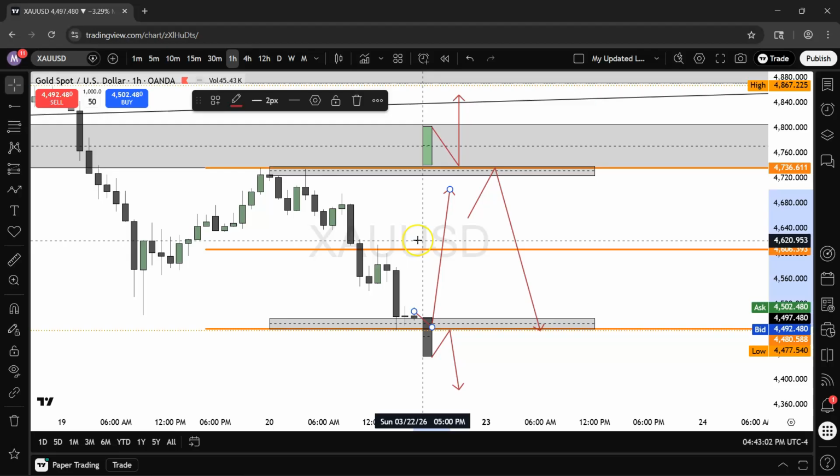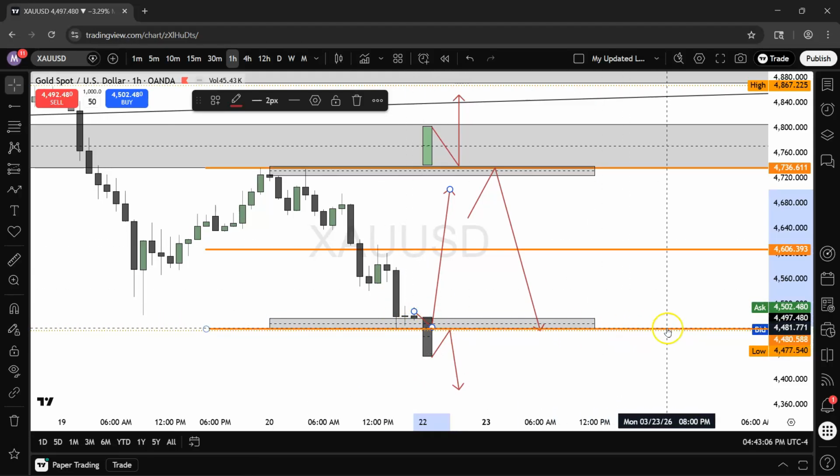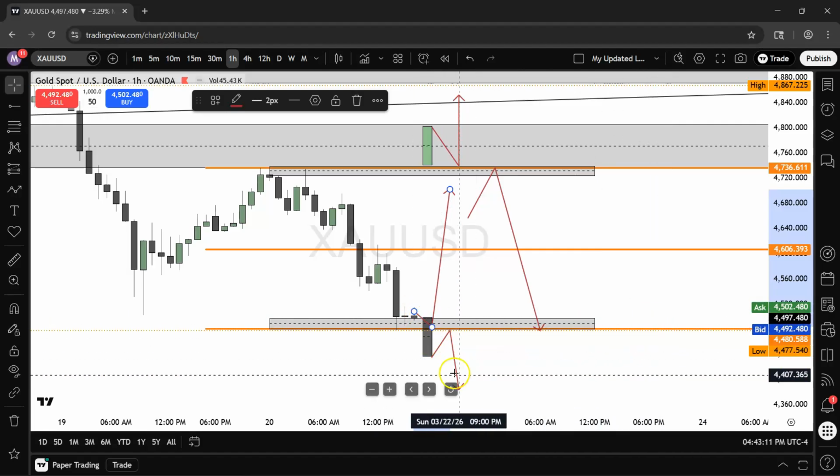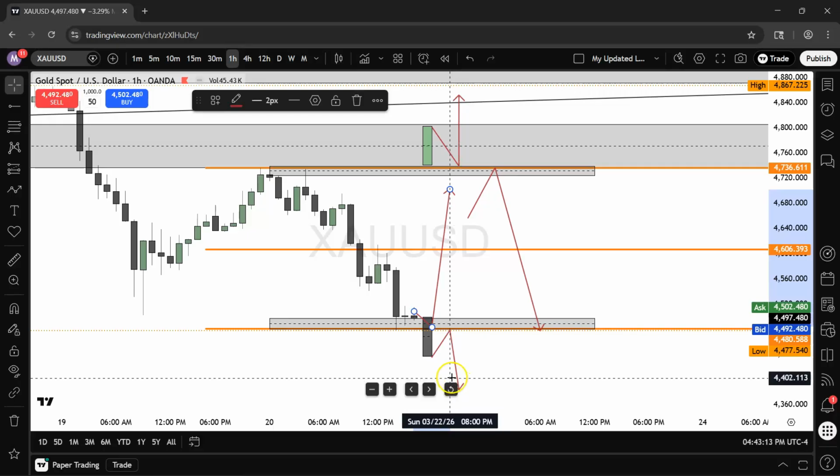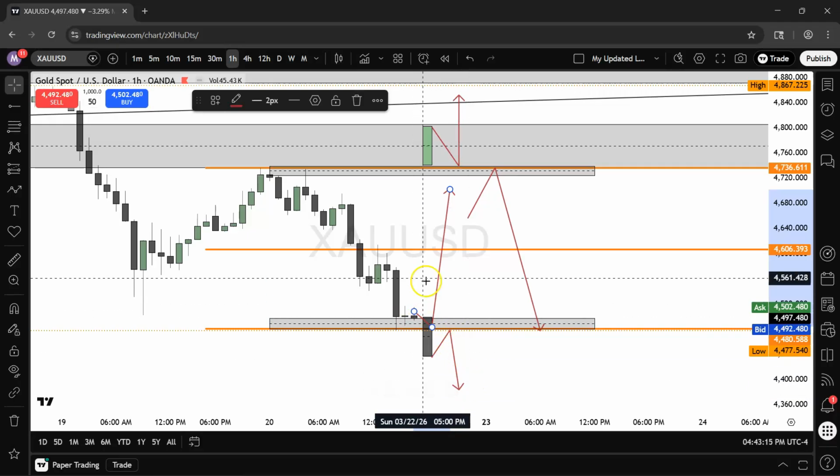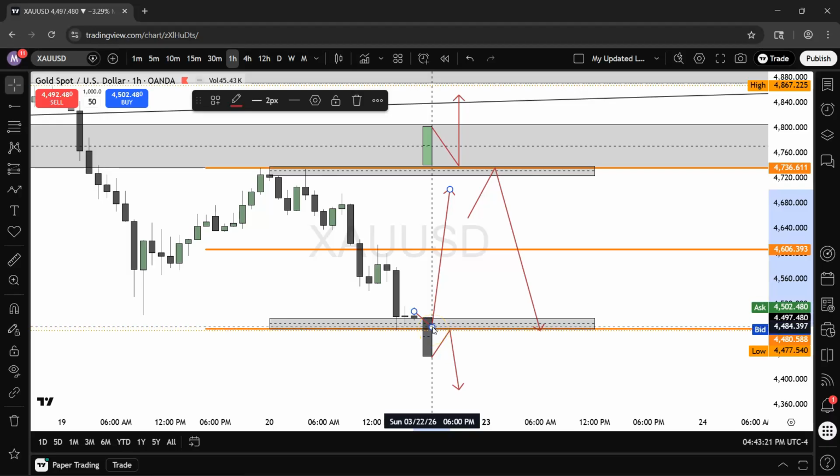Because remember this: when the market's on the bottom edge of your support, I'm going to call it support, you're looking for a break below, retrace back, a continuation, or a bounce off your support and it heads higher to resistance.